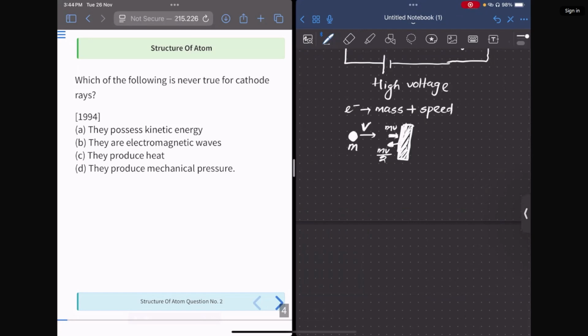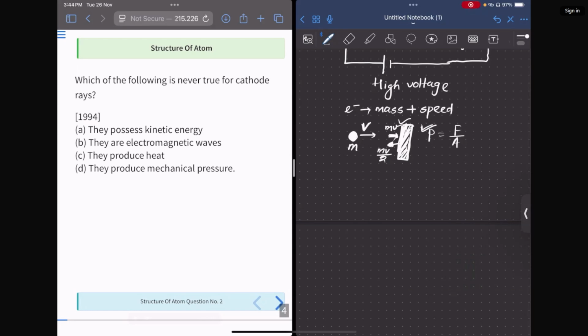If it exerts a force on the wall, there will be pressure. Pressure is nothing but force per area. And it is a mechanical pressure because it is in contact with the wall. So the options A, C, and D are correct.